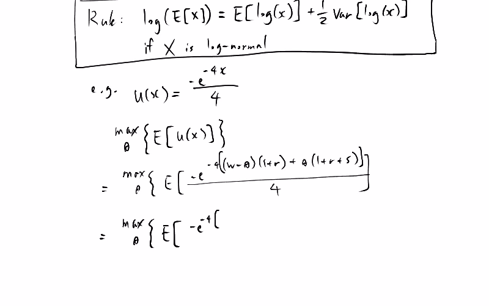So the theta times 1 plus r should be cancelled out. So you're left with W(1 plus r) plus theta s. Now this is much easier to understand. What this says is, you're guaranteed to have a 1 plus r return on your wealth, but that's adjusted by the risky return you get from the risky asset, and you have invested theta on that.